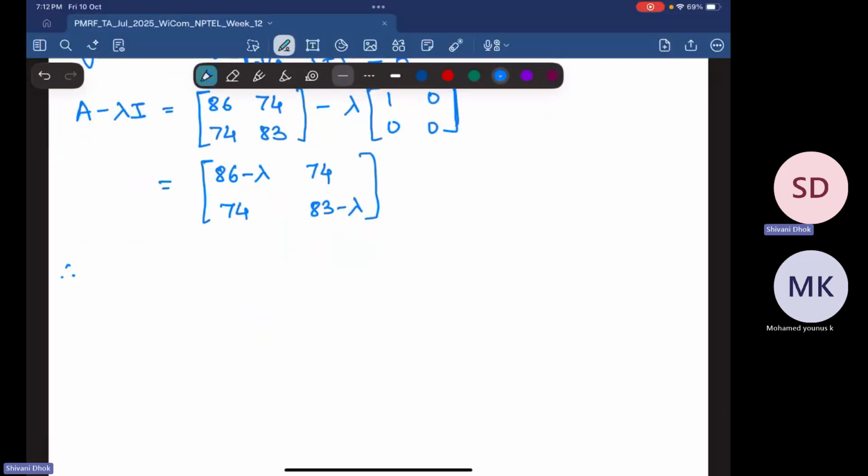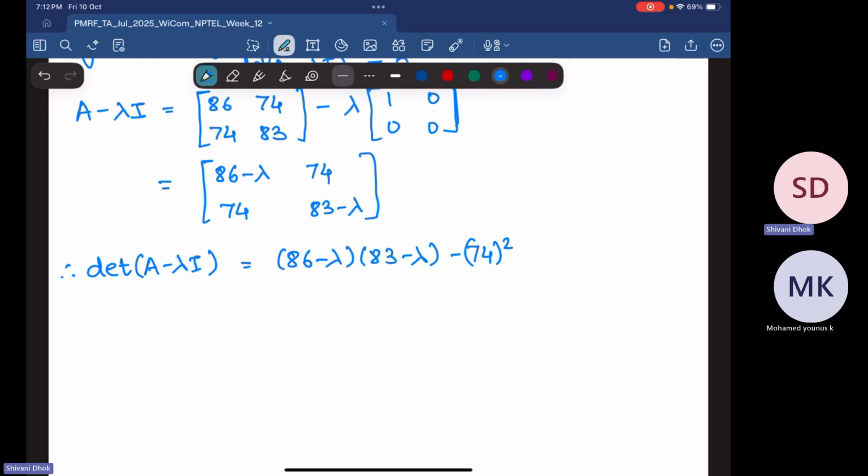Therefore, determinant of A minus lambda I is given by 86 minus lambda into 83 minus lambda minus 74 square.